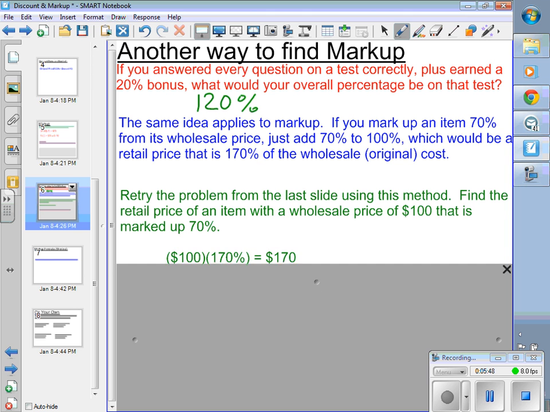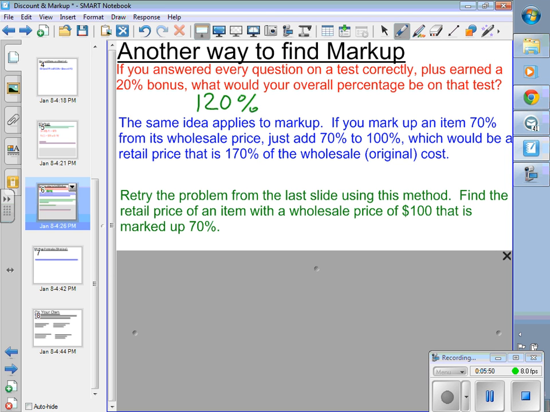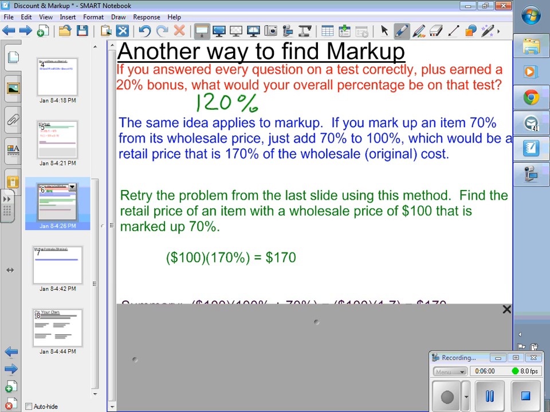Okay, so let's retry that problem from before on the last slide using this method. Find the retail price of an item with a wholesale price of $100 that is marked up 70%. We have $100 times 170%, equal to $170. A lot fewer steps than our previous slide.